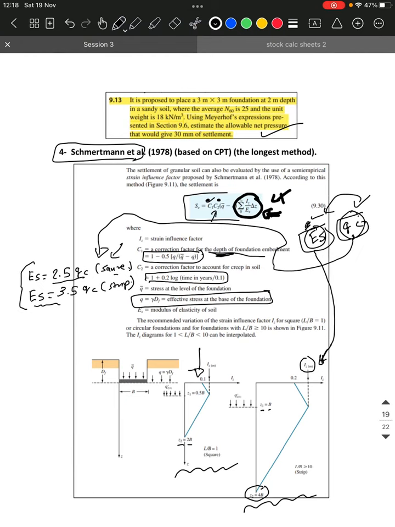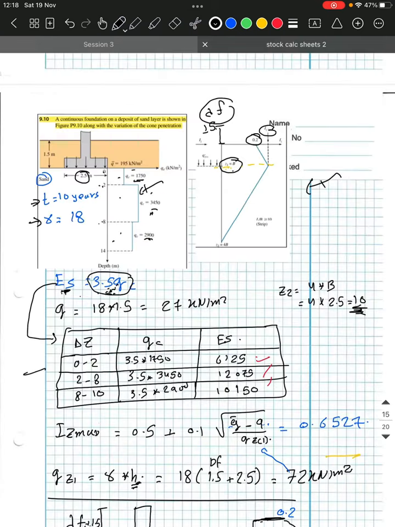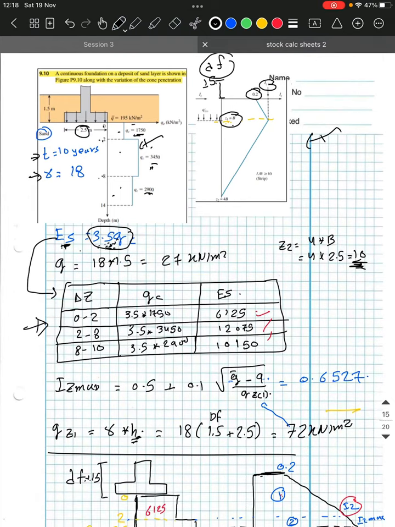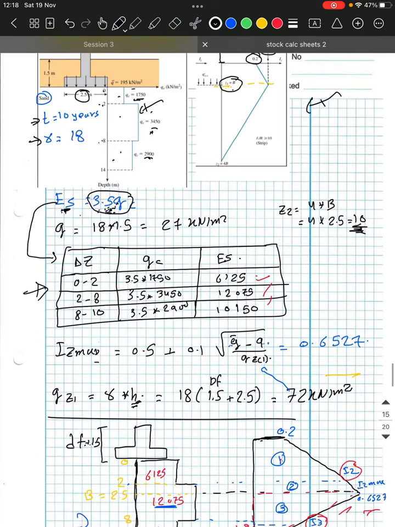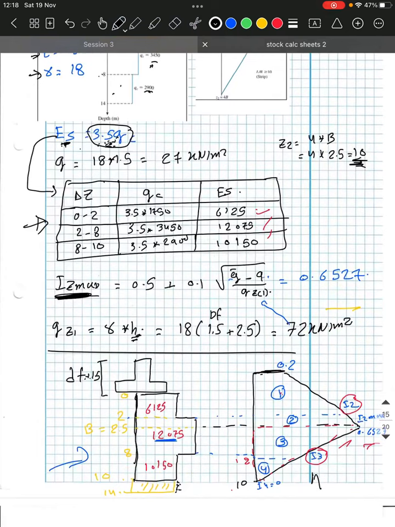So the second step, after I did the table for ES by multiplying by 3.5 for each layer, I get IZ max. I have to get IZ max. Why? Because I have to draw this afterwards.